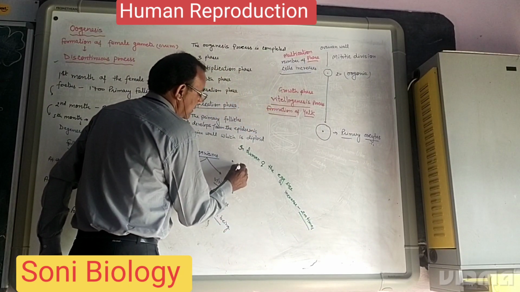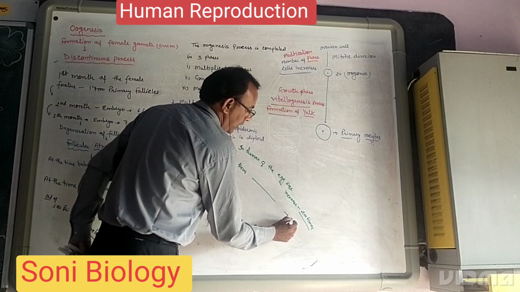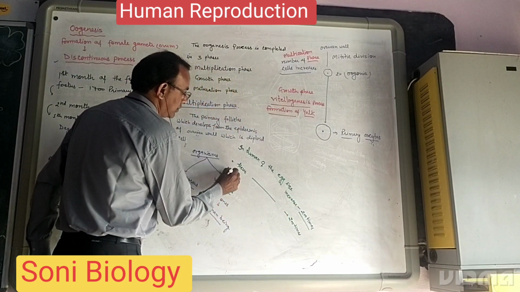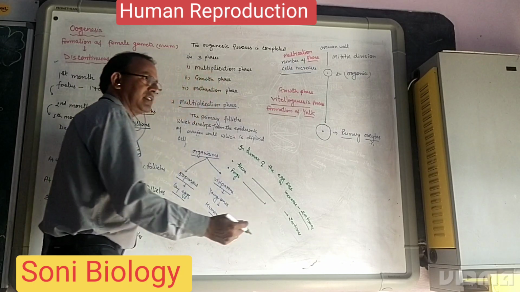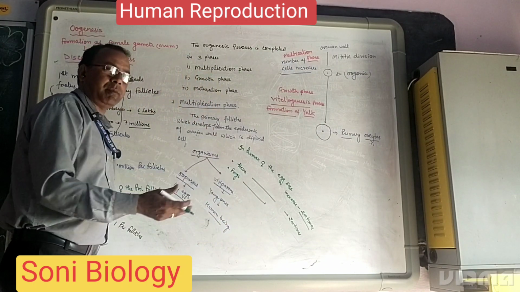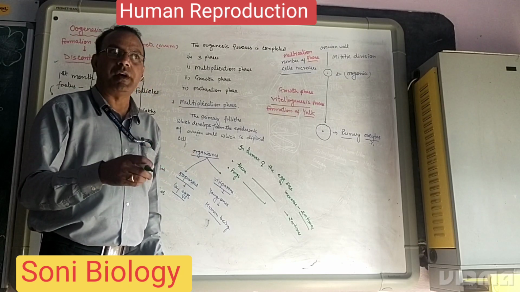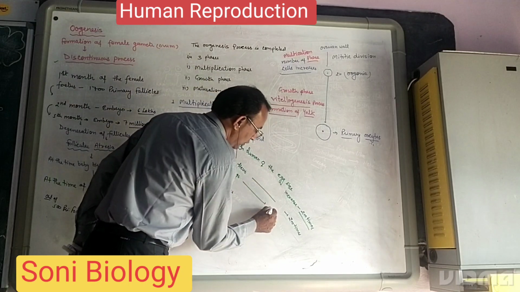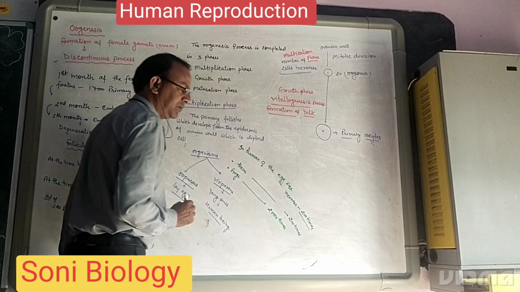In hens, egg size also increases 200 times. Frogs lay eggs, and after they lay eggs, fertilization takes place outside the body. So more yolk is formed. In frog, the egg size increases 2000 times from normal.